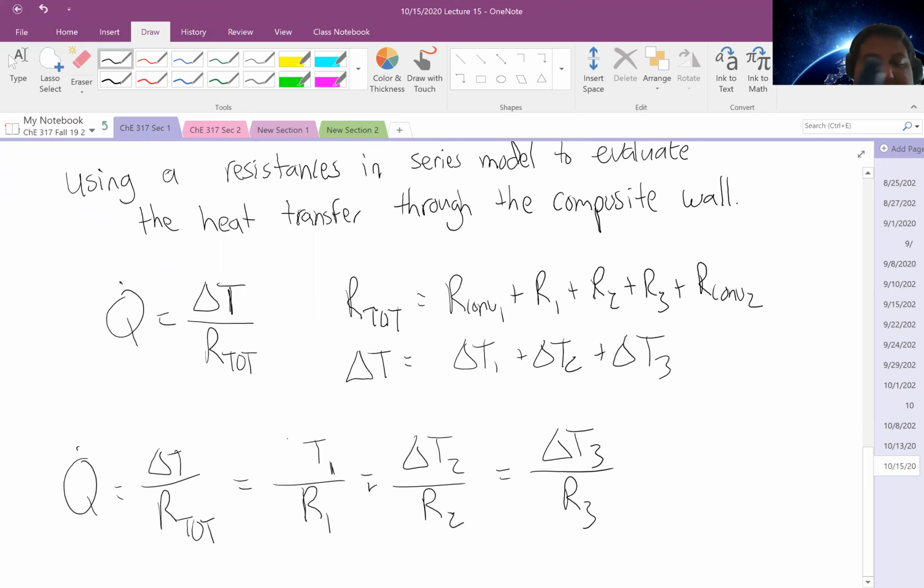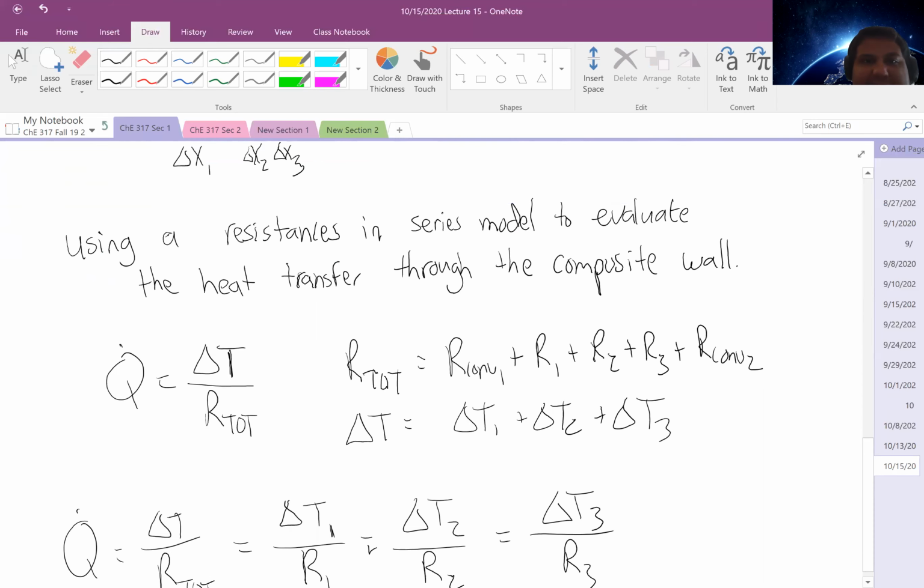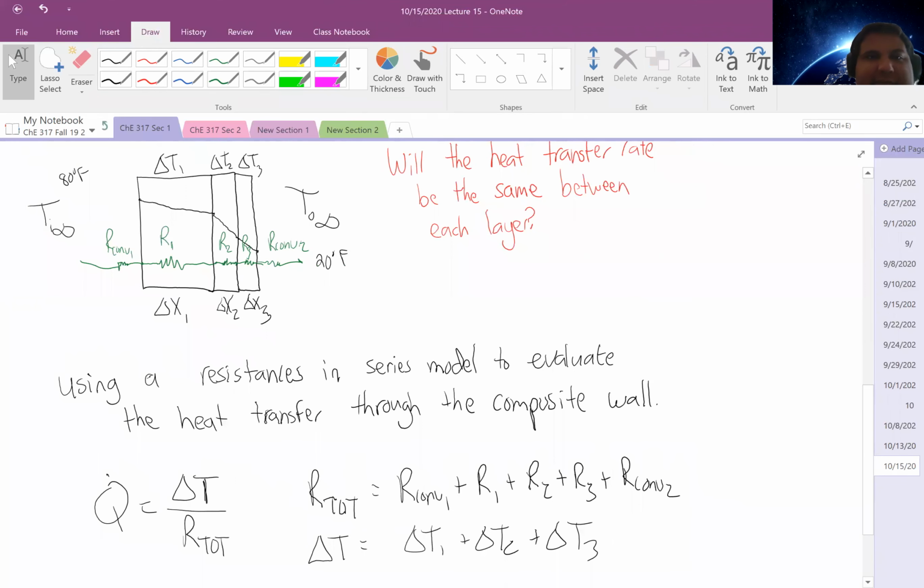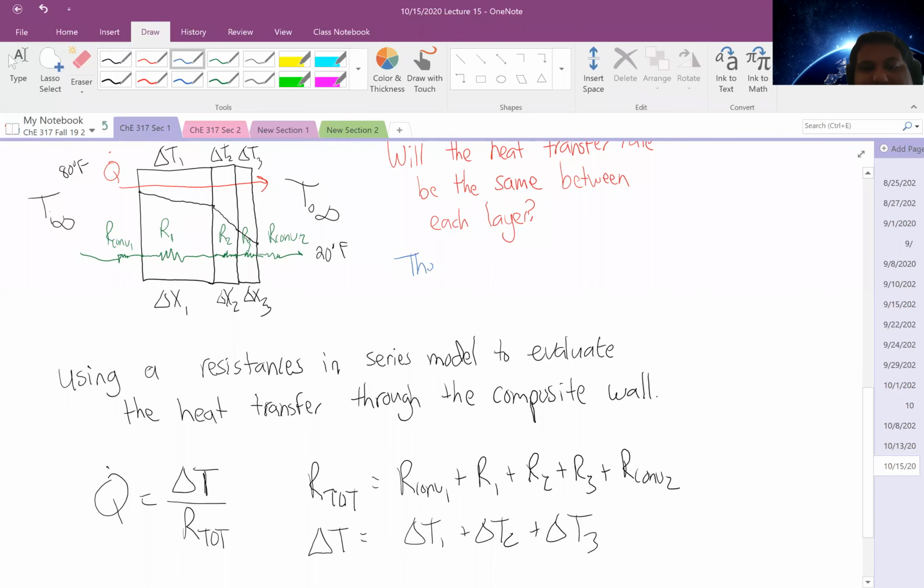And what that tells us is that, well, if we have heat transfer going from one direction or the other, the heat transfer has to be the same through each layer. So I'll repeat that. The heat transfer must be the same for each layer.